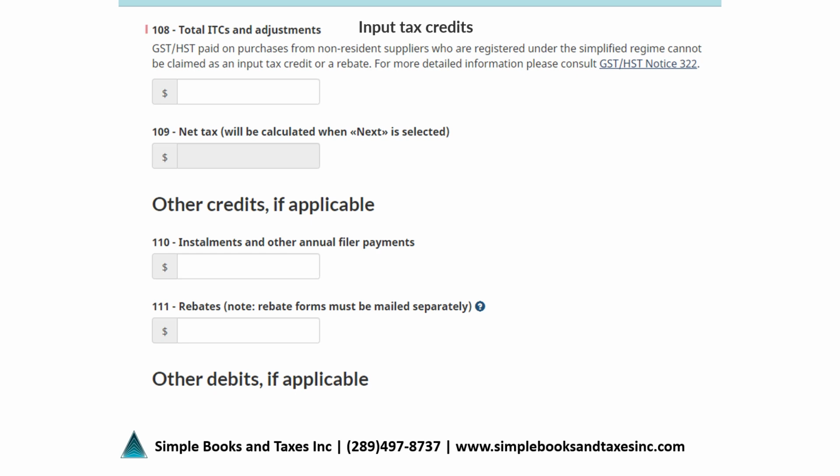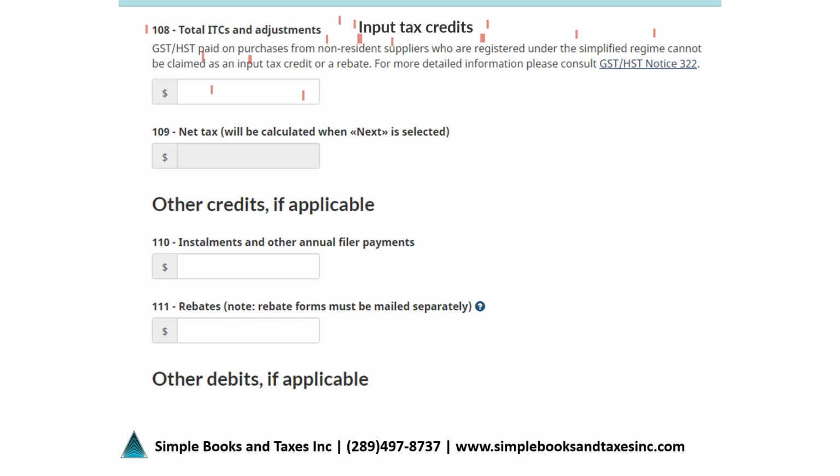Now we can enter the HST paid on purchases on line 108, total ITCs and adjustments, or total input tax credits for HST paid on purchases. We are going to enter a positive amount over here. Just note that there is a specific case for non-resident suppliers who are registered under the simplified regime.